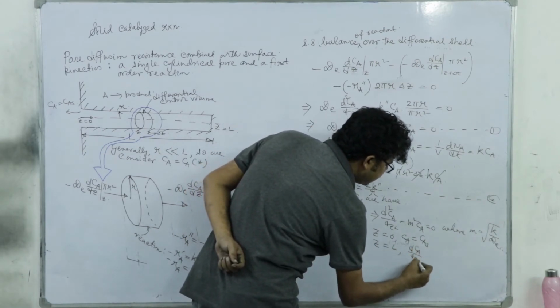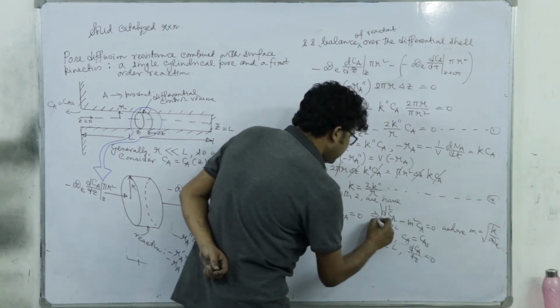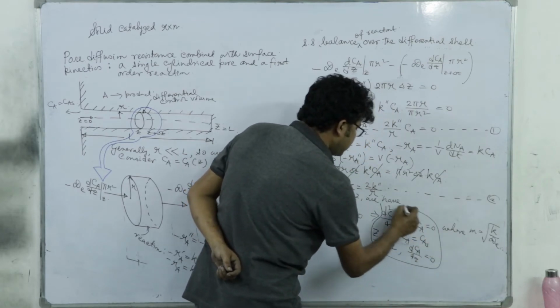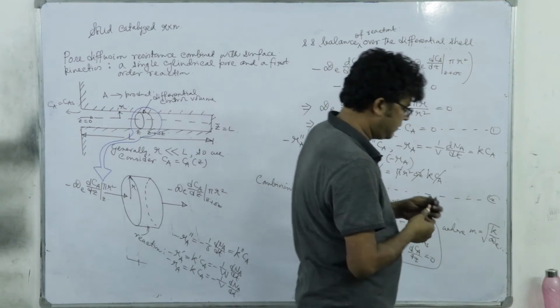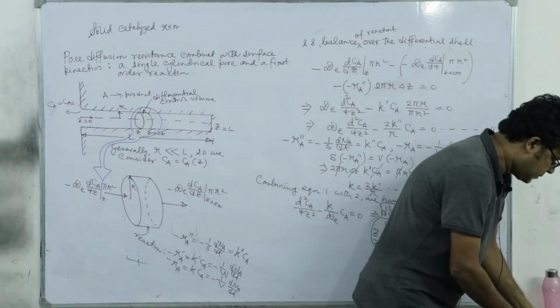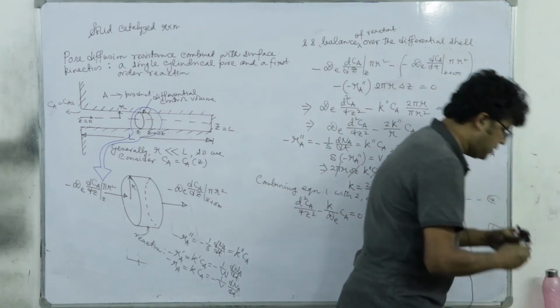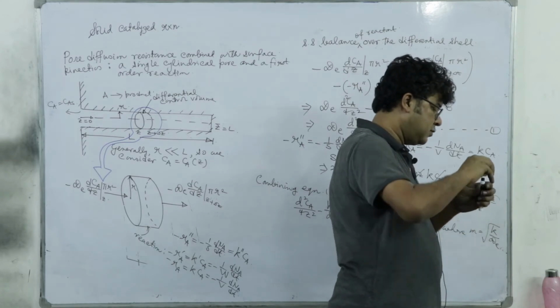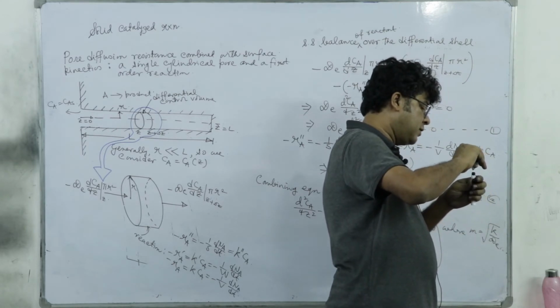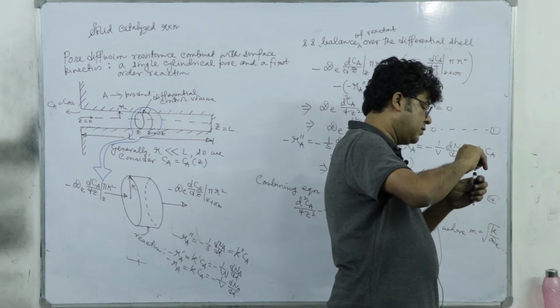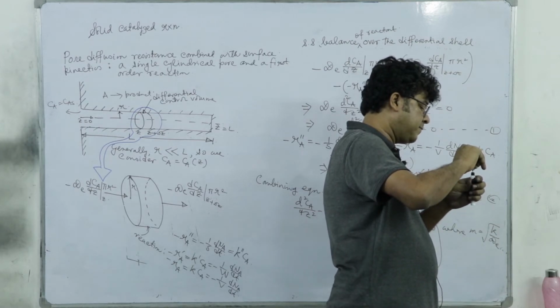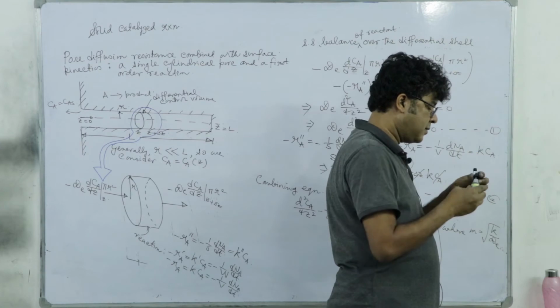So, dCa dz equal to 0. So, this equation along with the boundary condition we have to solve. This is a very simple boundary value problem, and we know the solution will be C1 into e to the power mz plus C2 into e to the power minus mz.